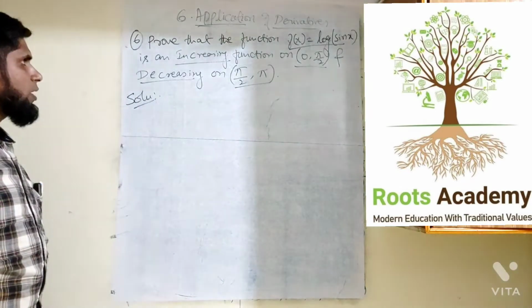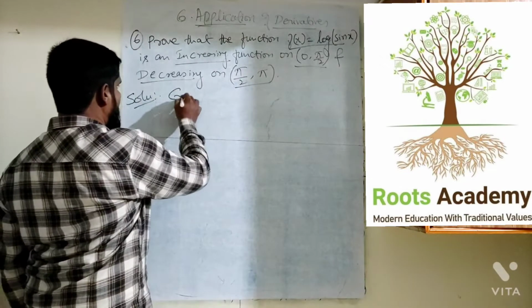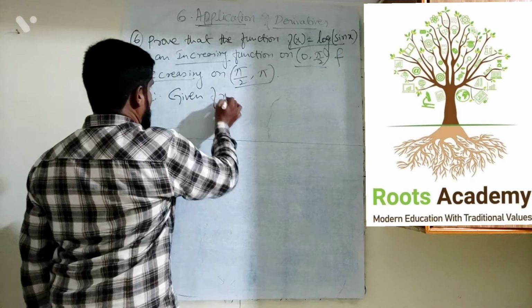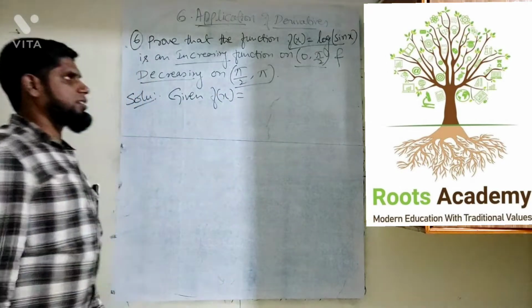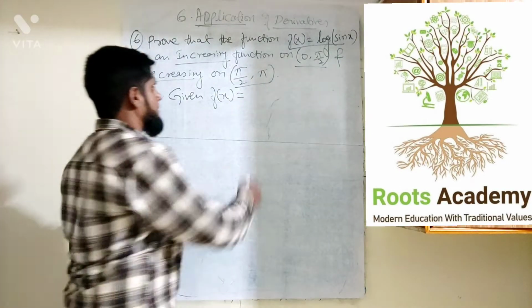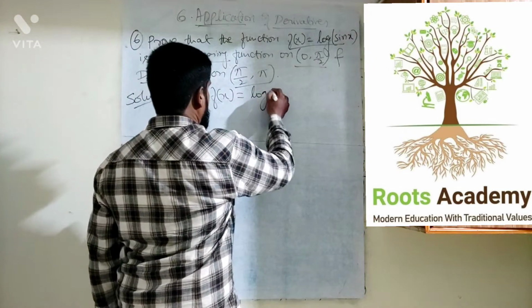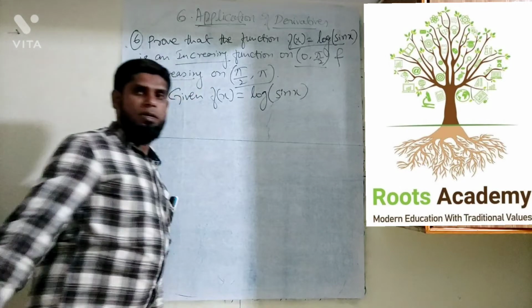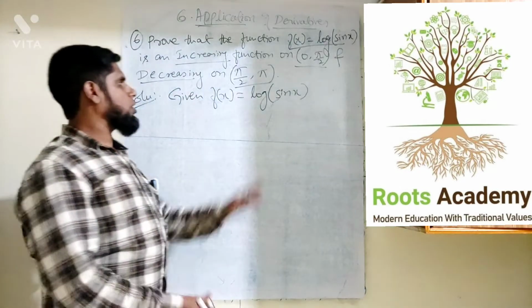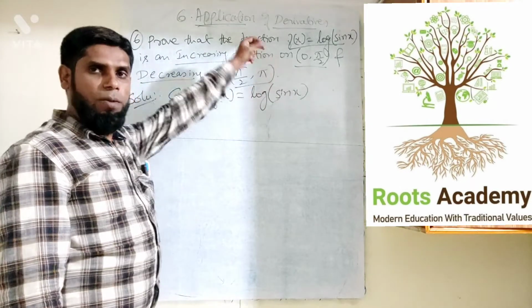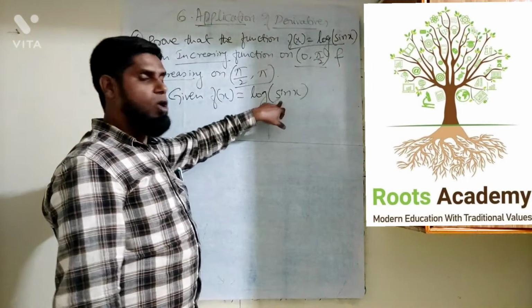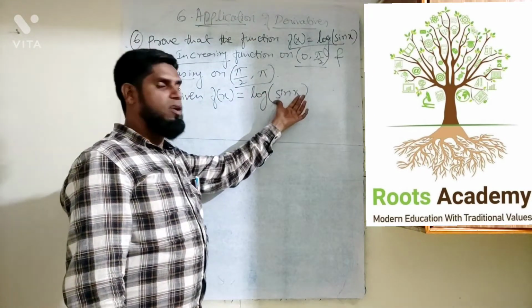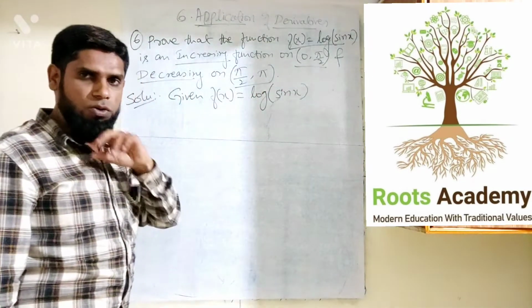Solution. Given f of x is equal to log of sin x. Here, under the log, we know the properties of logarithms: under the logarithm the value must always be greater than 0.